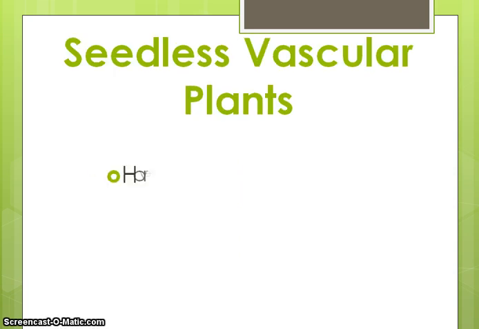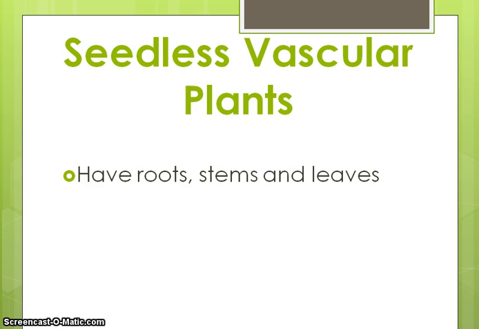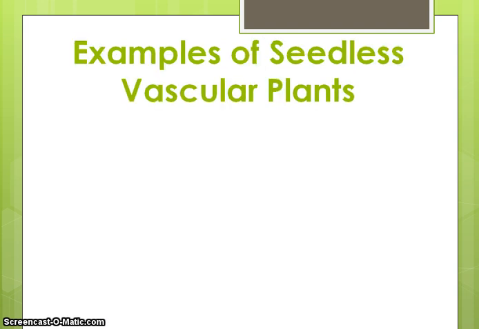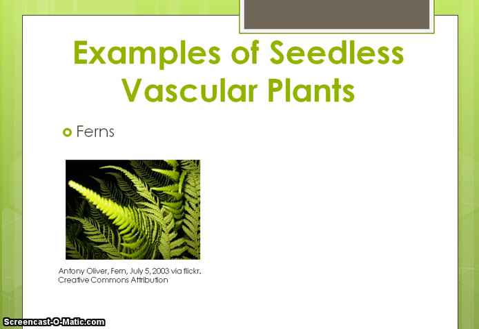Seedless vascular plants have roots, stems, and leaves. They also are restricted to moist areas because their vascular tissue is not developed enough to allow them to live in drier areas. One example of a seedless vascular plant is a fern, which are flowerless plants that have feathery-like leaves.